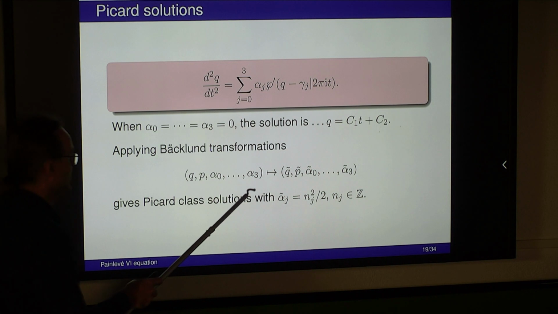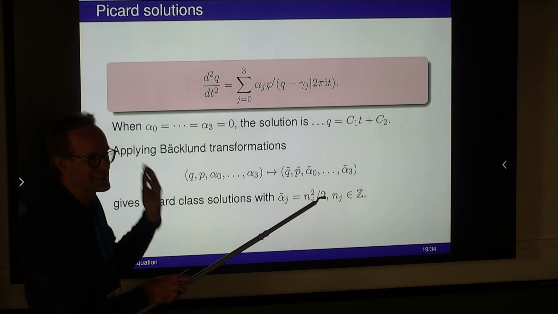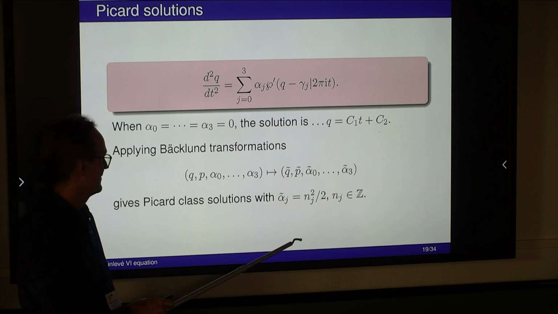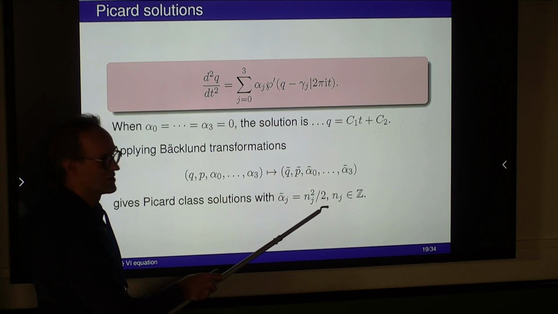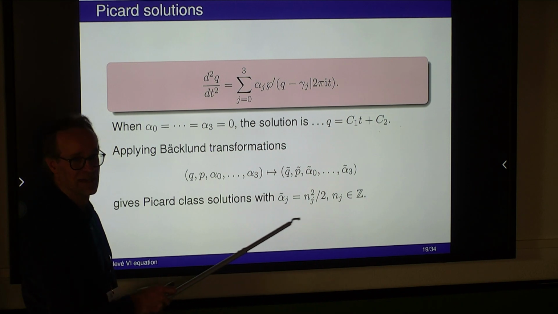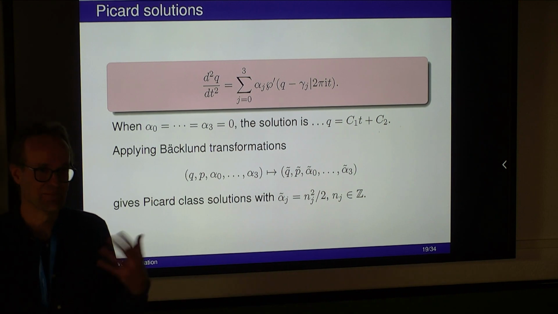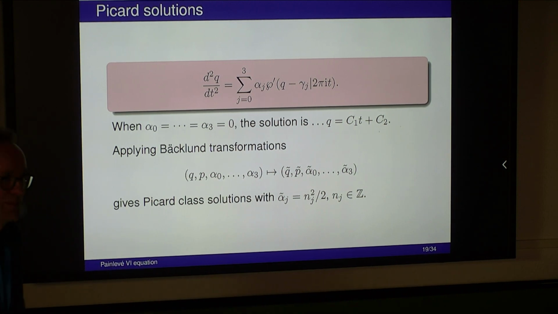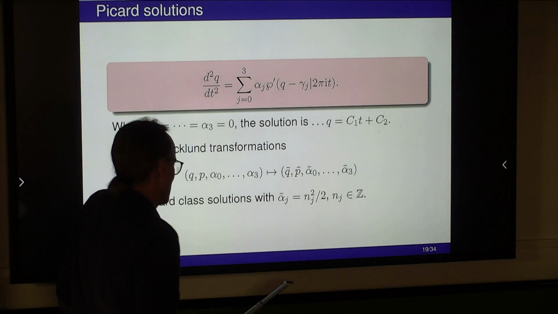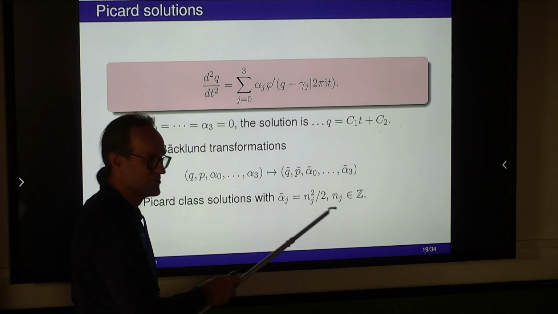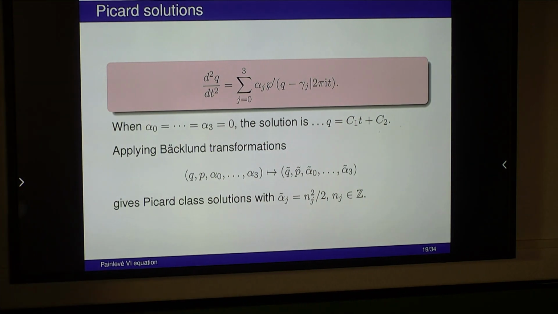And using that, in some principal sense, you can solve Painlevé 6 using this method whenever all the parameters are half squares. And that's called the Picard class. So in some sense, the solutions of Painlevé 6 are kind of known. Even though if you want to do things explicitly, you get very complicated stuff, but they are known for these special parameters.